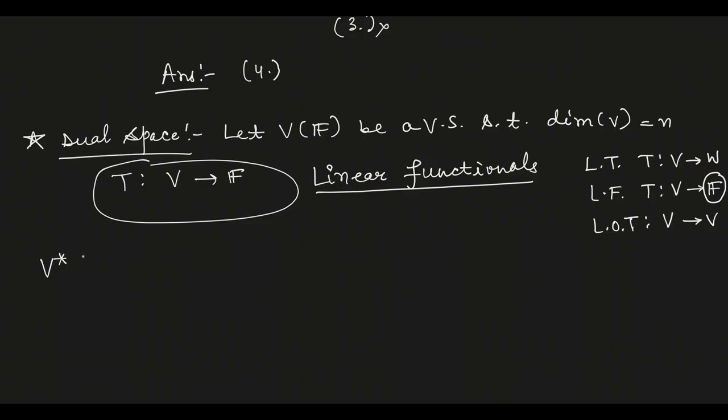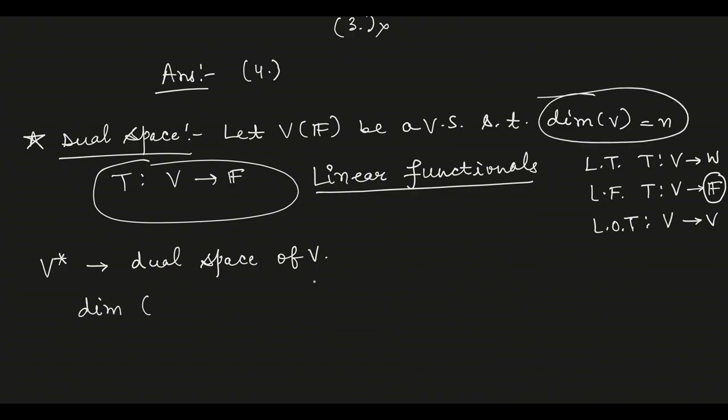So dual space is defined by V star. Basically, dual space is a set of all the linear functionals from a vector space to a field. As I have taken dimension of V as n, so dimension of V star will also be n.